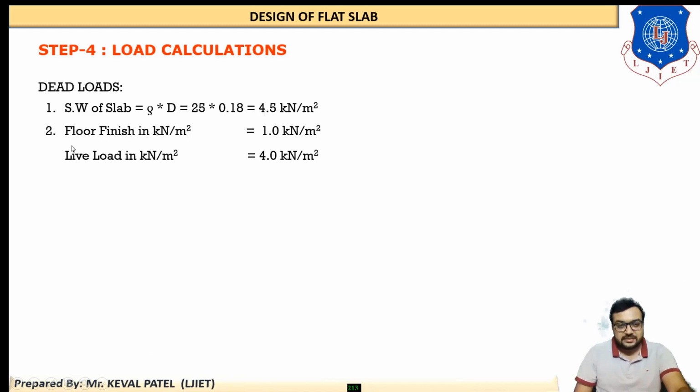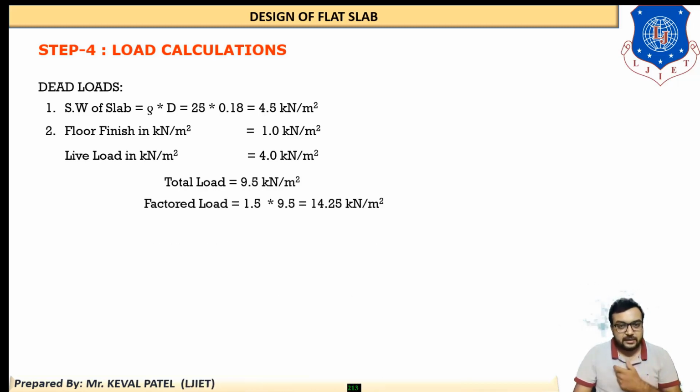So students, same as the floor finish, our live load in kilonewton per meter square is directly given in question as 4 kilonewton per meter square. So our total load is summation of dead load plus live load. So students, our total load is 9.5 kilonewton per meter square. So this load is unfactored load.